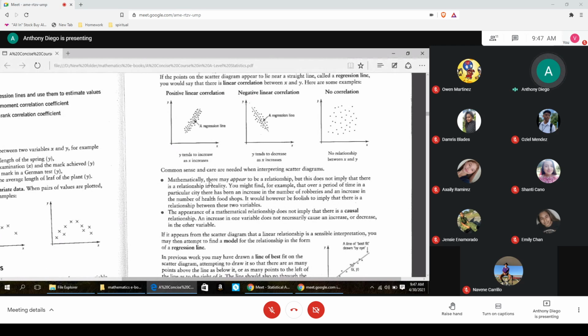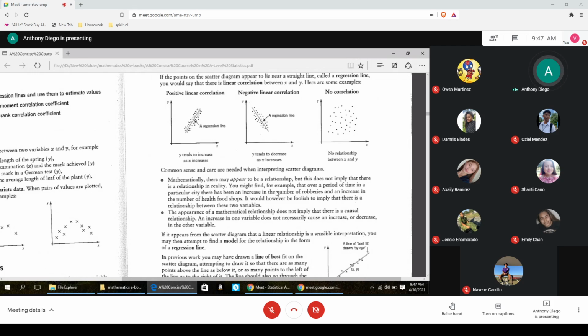Then this is the piece that I mentioned that you should have known. It said common sense and care are needed when interpreting scatter diagrams. Mathematically they may appear to be a relationship, but that does not imply that there is a relationship in reality.